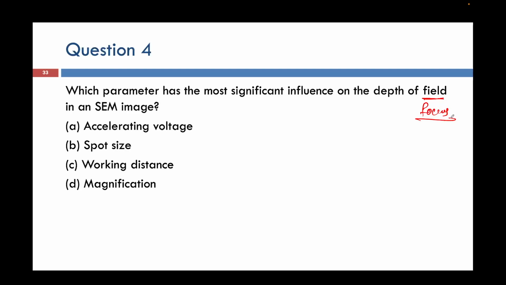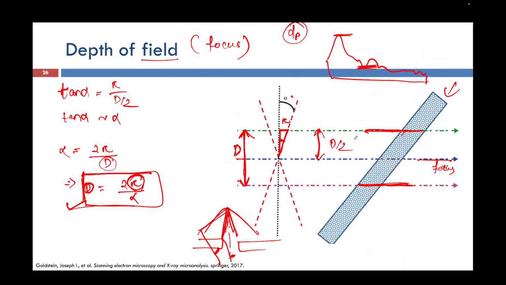No, you can just tell it by the formula that I have given. Accelerating voltage, no. Magnification, no. The formula is somewhat close to what I told, right? And this is what? The spot size. Right? This thing, this one.